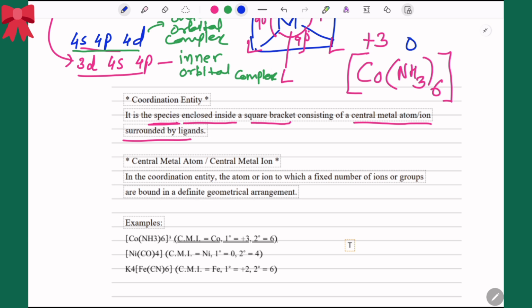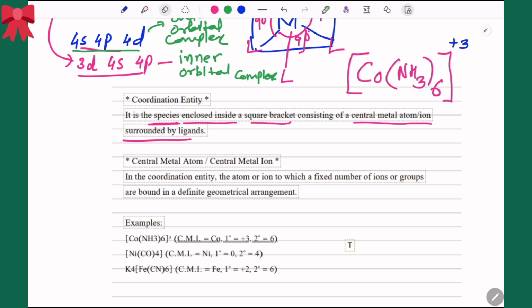So naturally, if the ligands are 0, the entire coordination entity will also be +3. So here, children, this complete thing, including the charge of plus 3, is called the coordination entity.